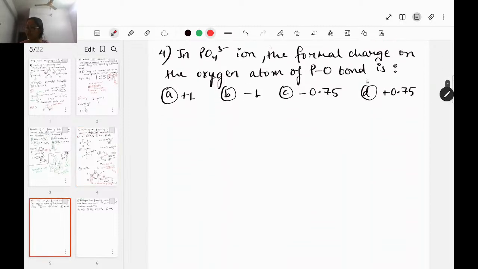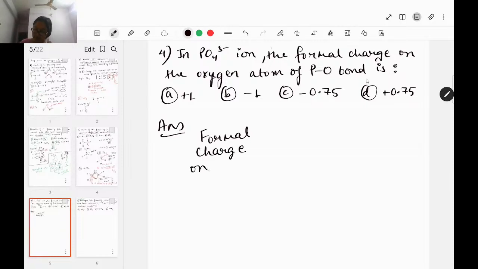Okay, so now let us go to this. In PO4 3 minus ion, the formal charge on the oxygen atom of the P=O bond is what? In order to find out the formal charge, what you first require is to know the formula of formal charge. Let me write it down.